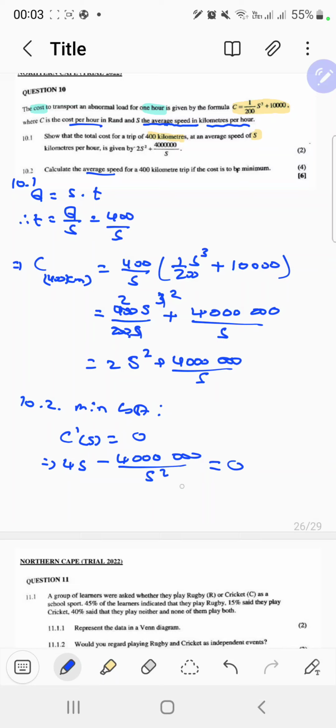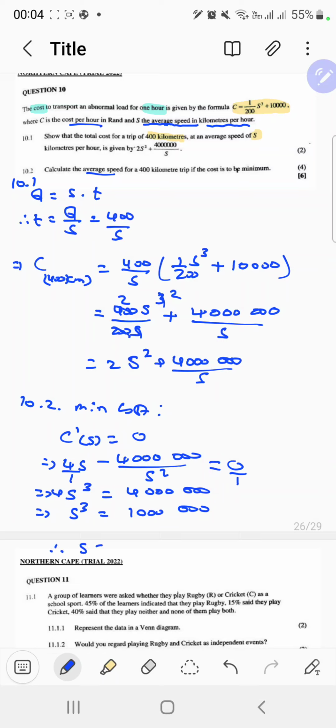Then, of course, mathematical gymnastics is that you multiply by the common denominator. Remember, this is over 1. This is over 1. Common denominator is S squared. So this implies that 4S cubed is going to be equal to 4 million, right? So this means that our S cubed is going to be 1,000,000 when you divide by 4. Then you take the cube root for each side.